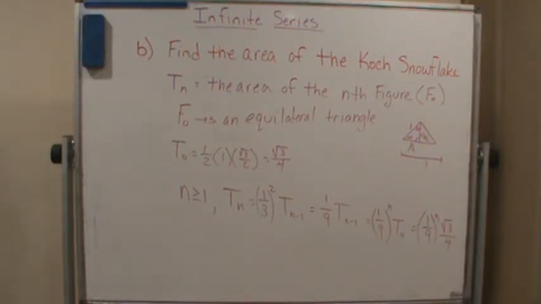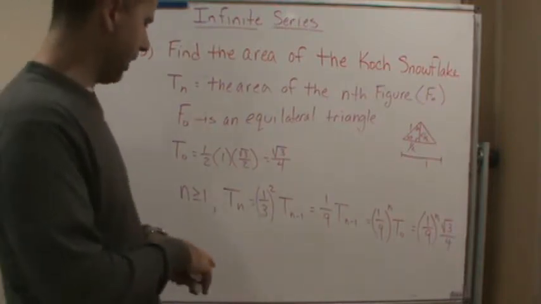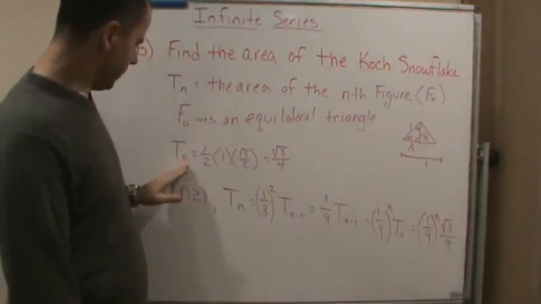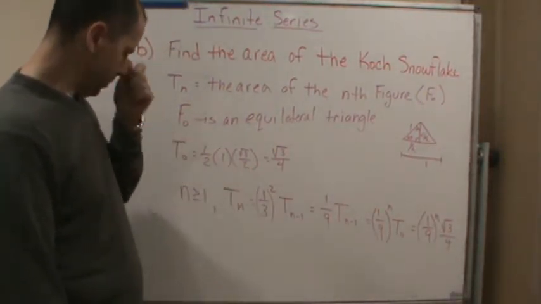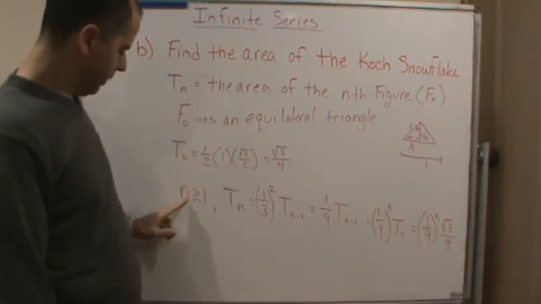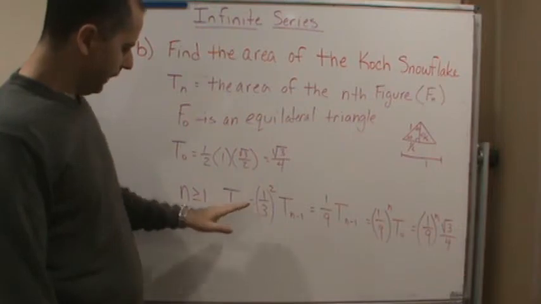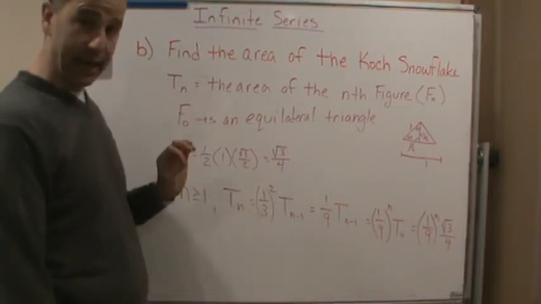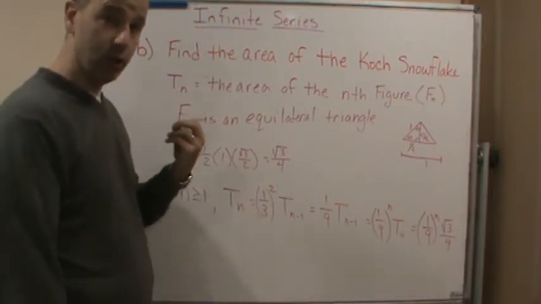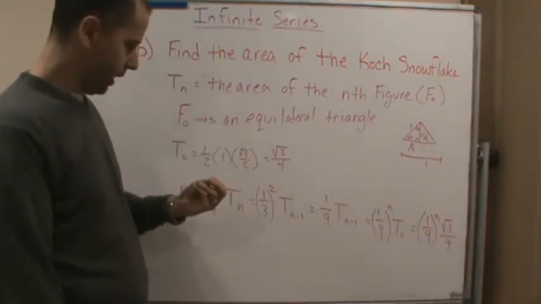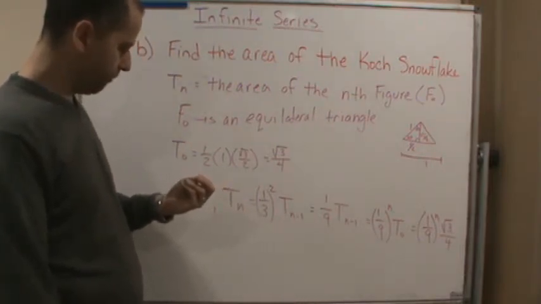Okay, so we have to understand what this means. So this is the area of the first triangle, but T sub n for n greater than or equal to 1, each T sub n is the area of all of the new triangles that are created, okay?